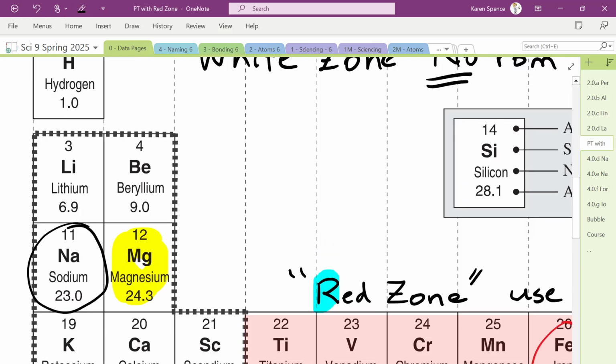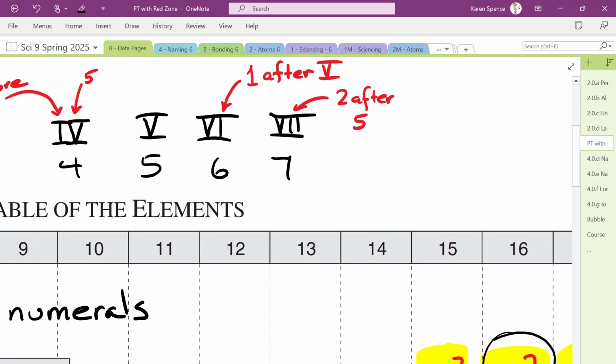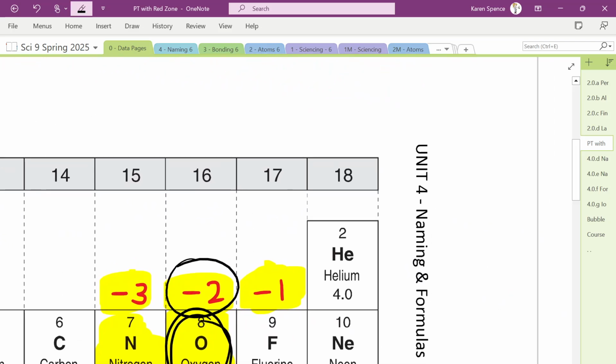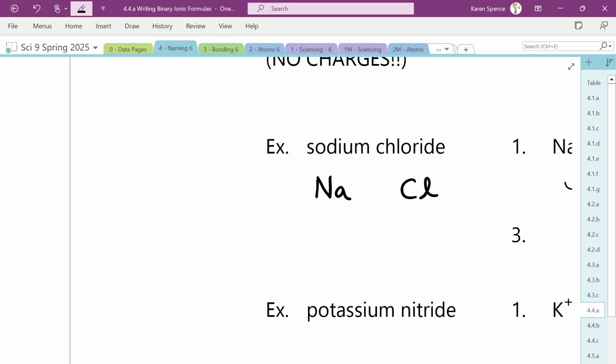What is its charge? Charge is +1. Chloride is in group 17, so its charge is -1. So we have sodium, which is +1, and we have chloride, which is -1.